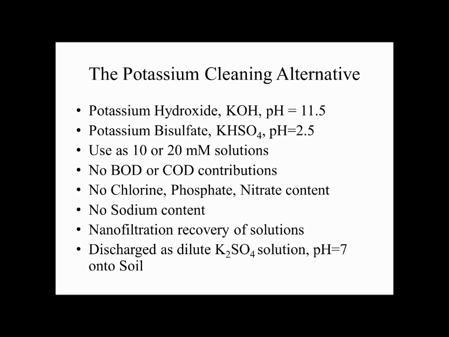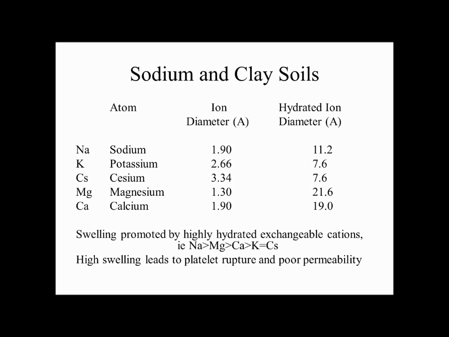It doesn't affect plants, doesn't affect clay, anything like what sodium does. And so it's environmentally, from a plant and a soil perspective, particularly useful, not acidic or basic when discharged, and without the other inorganic chemistries that we don't want.